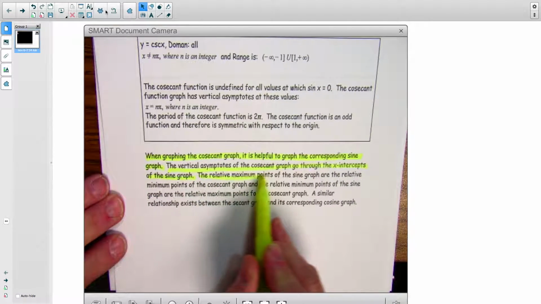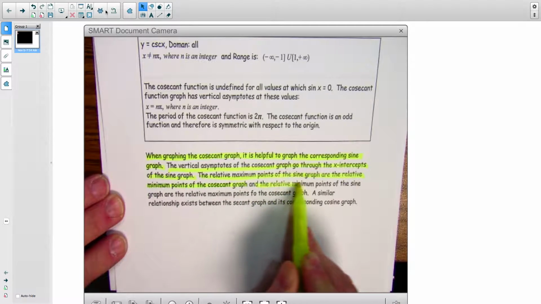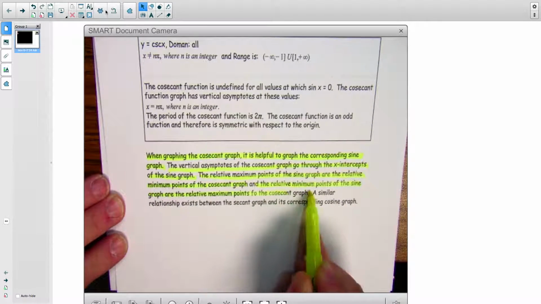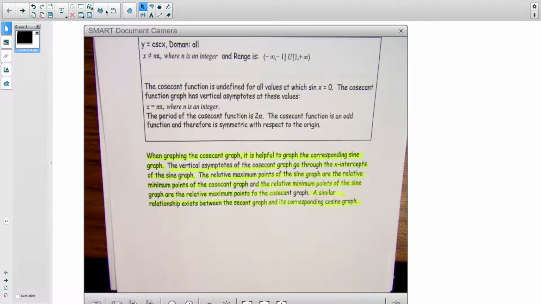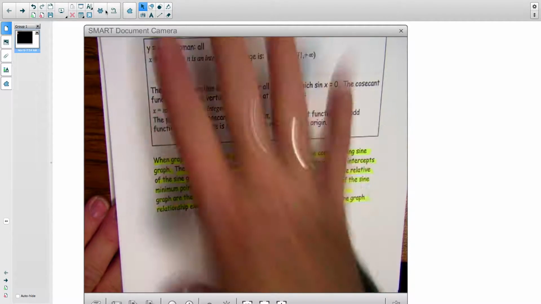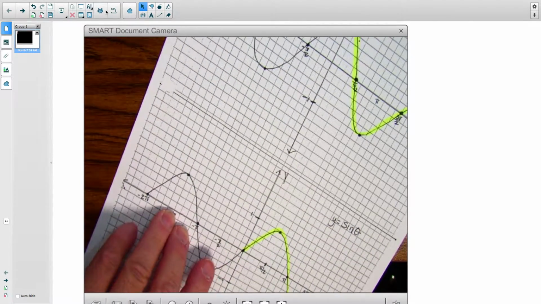Relative maximum points of the sine are the relative minimum points of the cosecant, and so forth. A similar relationship holds for secant and cosine. This is just information, you can read it. Let's go ahead and graph these functions.